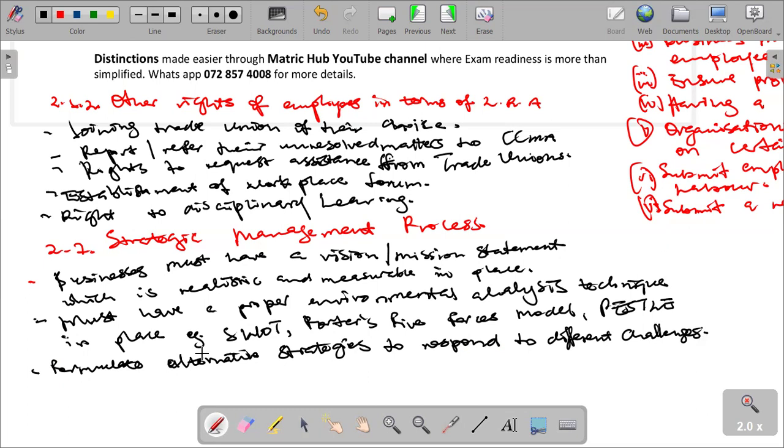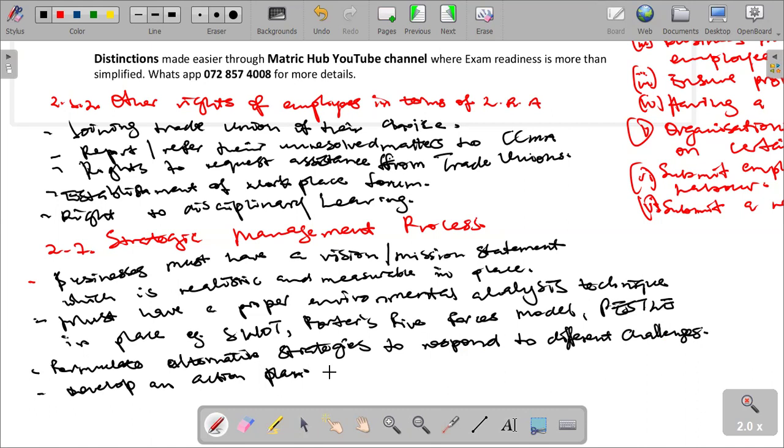And then we also need to identify that the business must develop an action plan, including the tasks to be done and deadlines to be met.